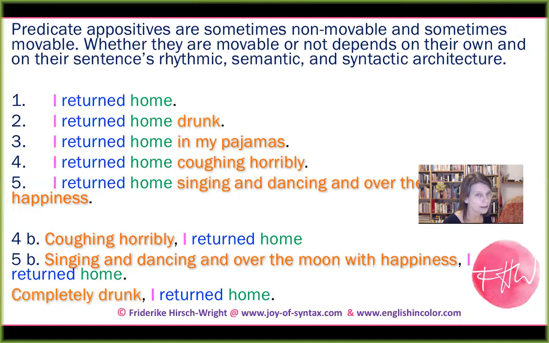I returned home drunk. I returned home in my pajamas. I returned home coughing horribly. I returned home singing and dancing and over the moon with happiness. And now notice that the predicate appositives in number 4 and 5 are a little bit longer, and rhythmically they sound good in initial position.